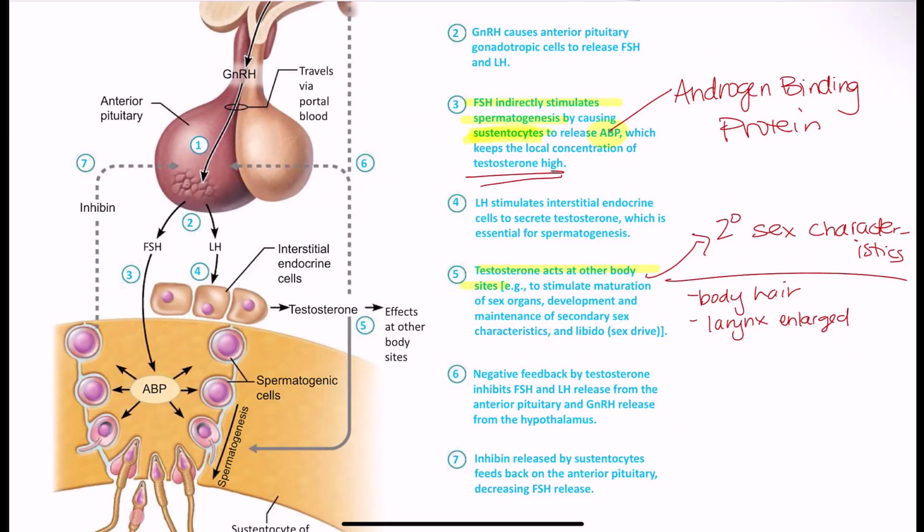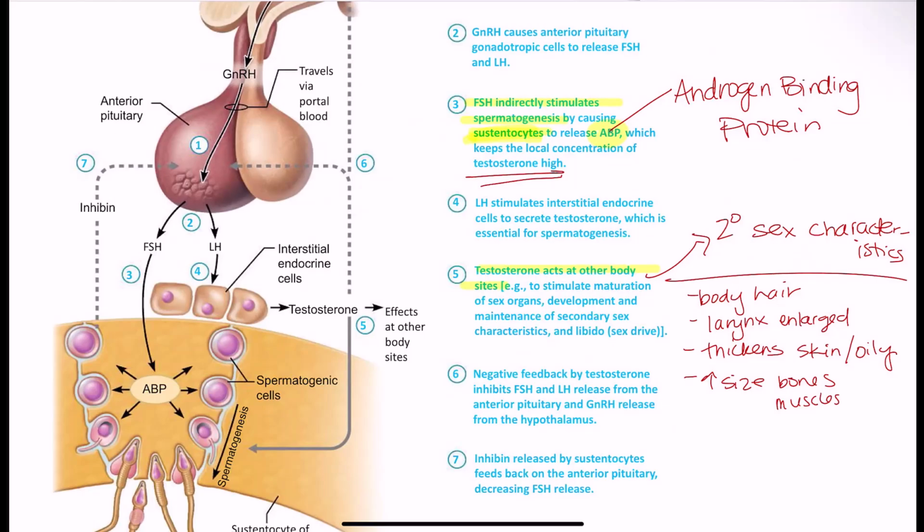It also thickens the skin and makes it a little bit more oily. It also increases the size of bones and their density, and muscles and their mass. Testosterone is also responsible for influencing certain behaviors like male sexual response and libido, and that's a topic for a separate video.